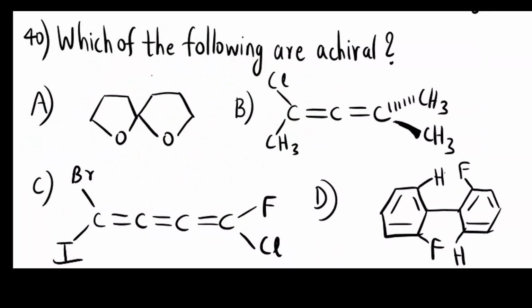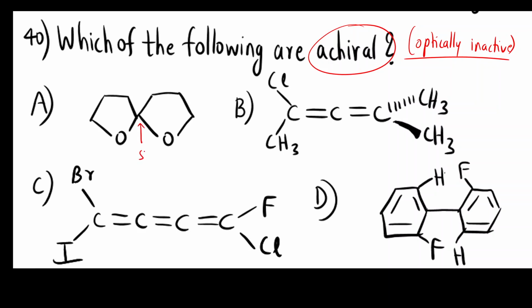Last question of the MSQ section. Which of the following are achiral? We have to find out which are achiral, or we can say optically inactive. Okay, first one. This is sp3 hybridized carbon. If you have passed a plane and you have marked option A, that is going to be incorrect. Why?